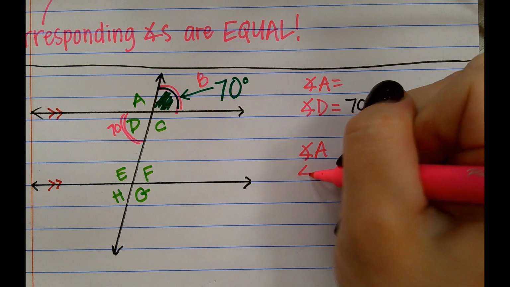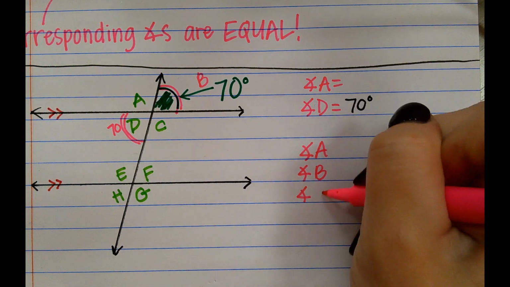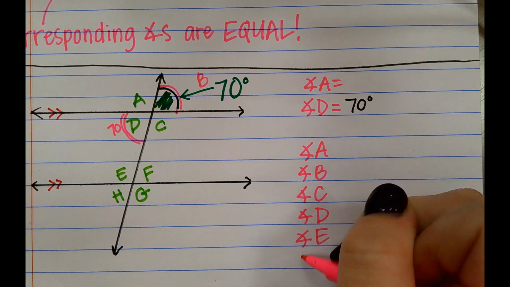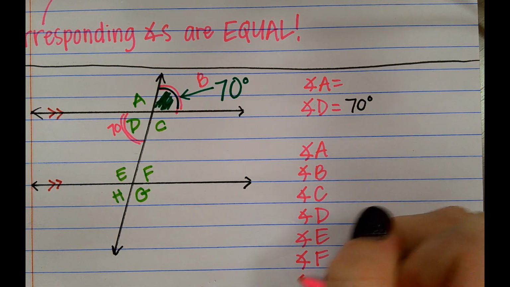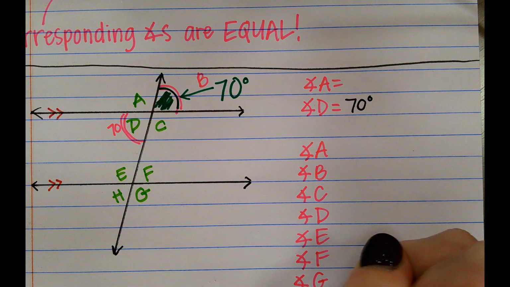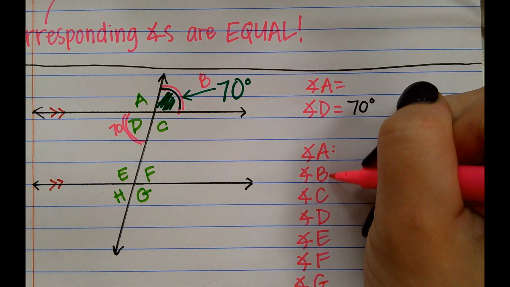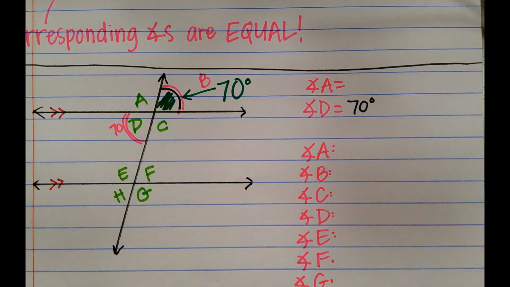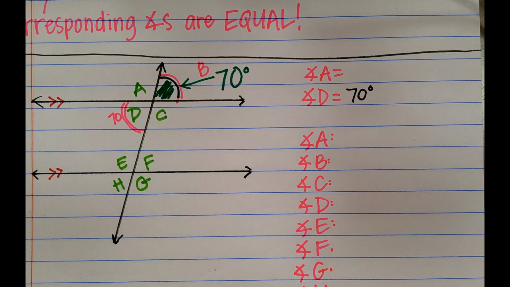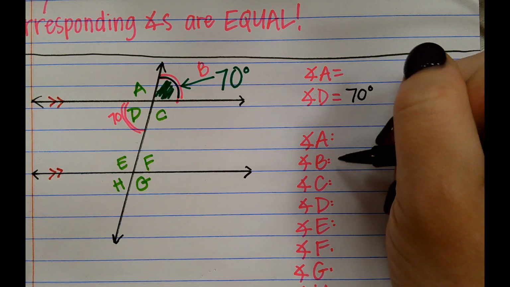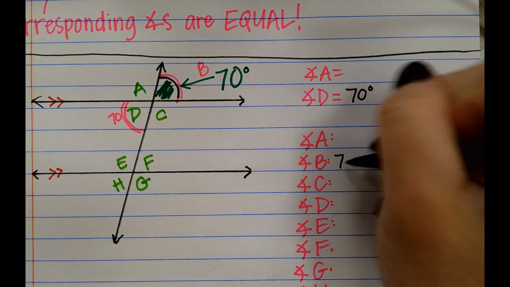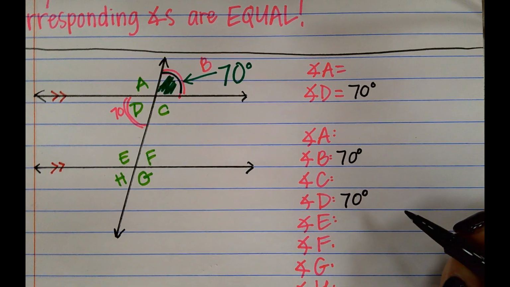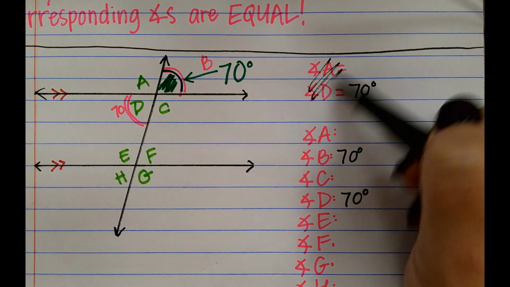Angle A, angle B, angle C, angle D, angle E, angle F, angle G, angle H. Okay, we know angle B is 70. Angle D is across from it, so it's also 70.